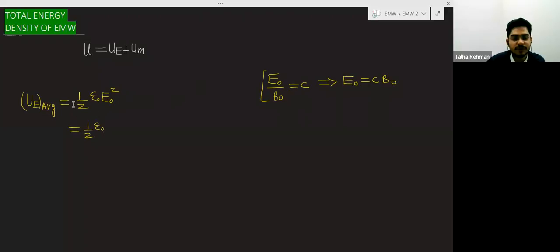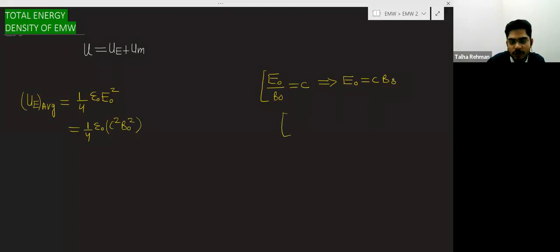Very good, Fawaz. So E naught square will become C square, B naught square.